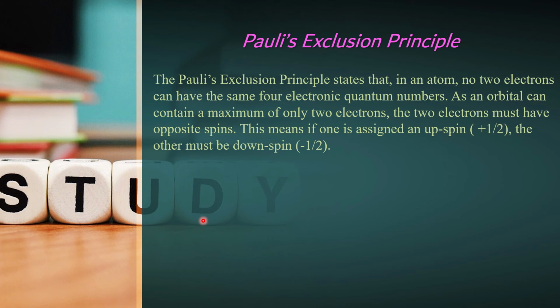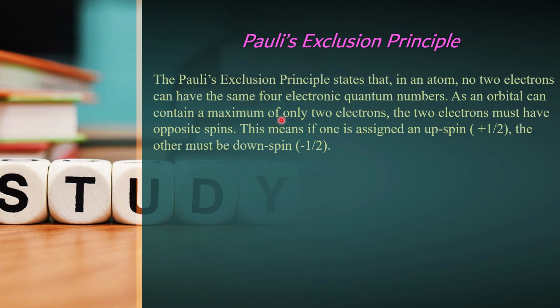In an atom there can be many electrons, but if you take any two electrons and calculate the four quantum numbers for them, you will see that at least one of them will be different. All the quantum numbers will not be the same. This is Pauli's exclusion principle.